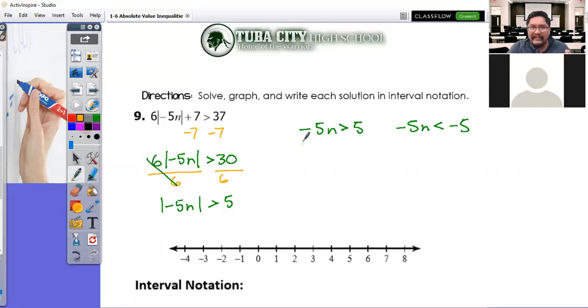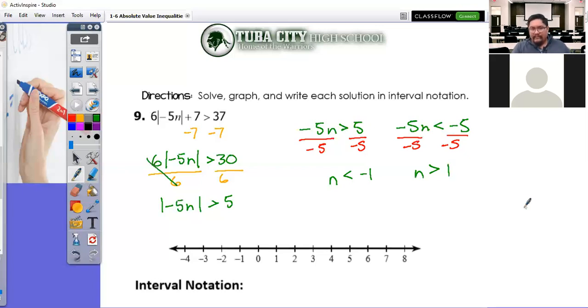Now that's not the only thing, but it's the easiest way to find out whether or not you're going to have to switch this, which in this case, I have to get rid of that negative. And since that negative is multiplying n, that means I'm going to have to divide by a negative. So watch out for that. And again, this is the easiest thing that people miss. They don't flip the sign and then they keep going. But again, we've got to flip the sign.